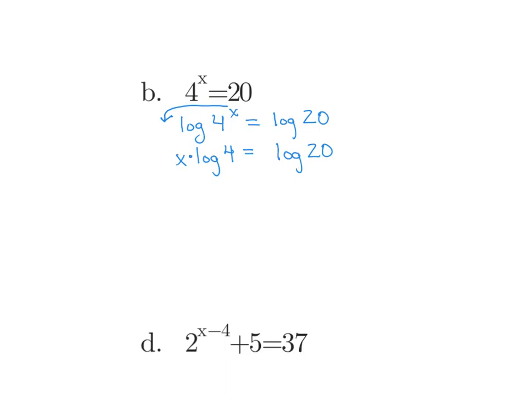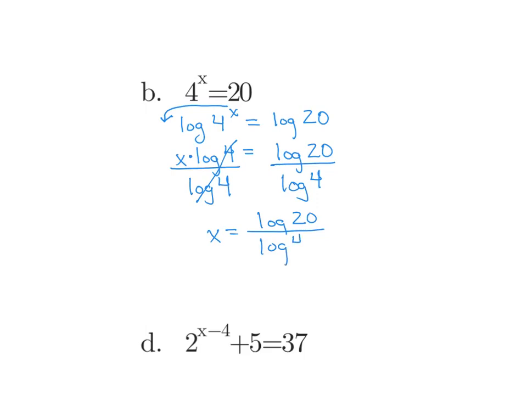Well, remember that to get rid of multiplication, we use division. So I want to divide log of 4 to both sides. On the left it cancels, leaving me with x equals log 20 over log 4.